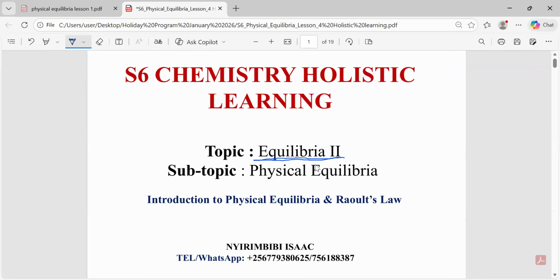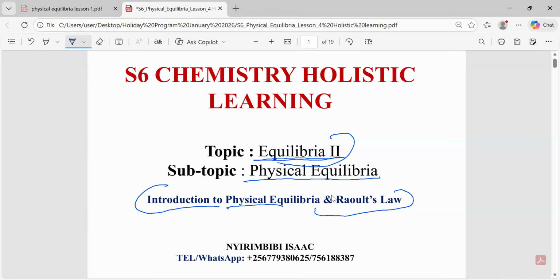I believe each one of us has the syllabus book for chemistry, and you know what is entailed in this chapter, Equilibria 2. Equilibria 2 has different subtopics, and the first subtopic is what we call physical equilibria. Today, basically, in physical equilibria, we shall be introduced to physical equilibria, and then some simple introduction on Raoult's law. Then in our next lesson next week, we shall be expounding more on what we have learned in today's lesson.